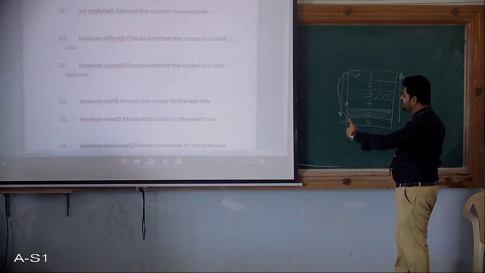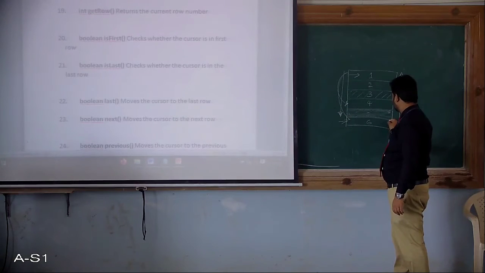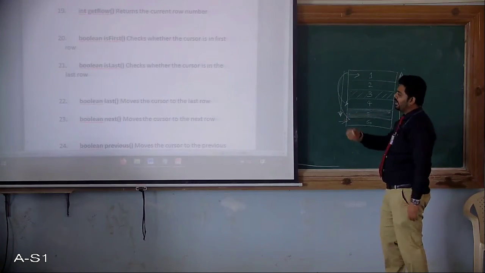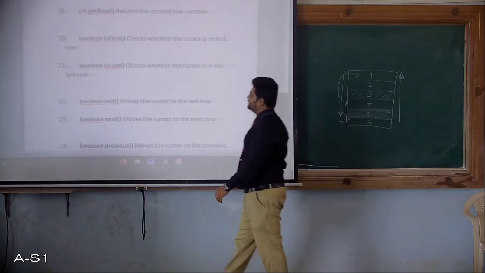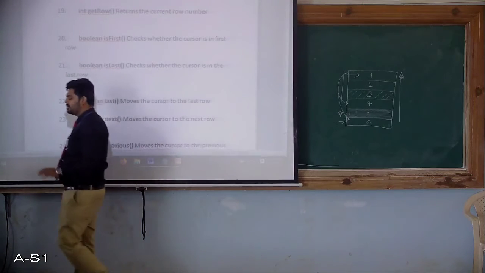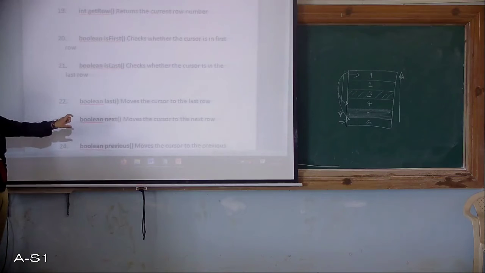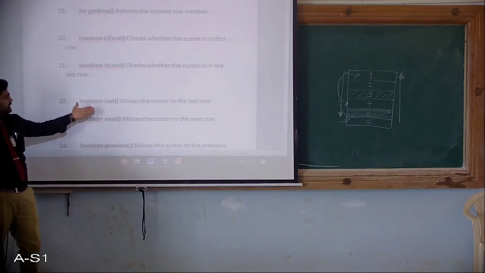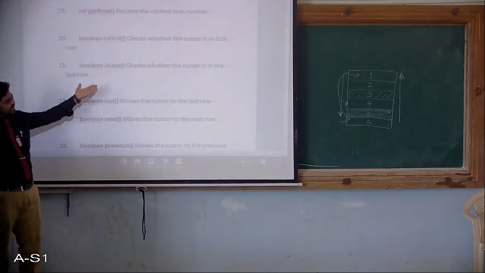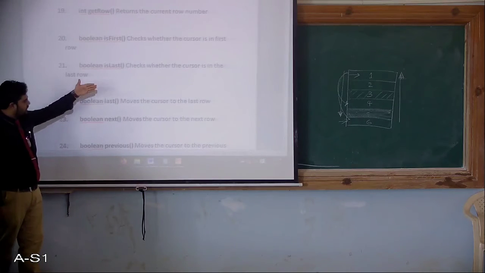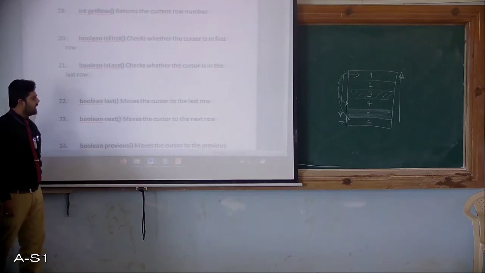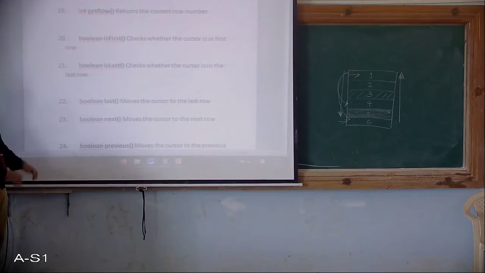Whether the cursor is at the last row or not, that value will be returned by your isLast method. That is the basic difference. The isLast method verifies whether your cursor is at the last row or not, and the last method, if your cursor is at any row, will move your cursor to that last row. That is the basic difference between isFirst, isLast and last.